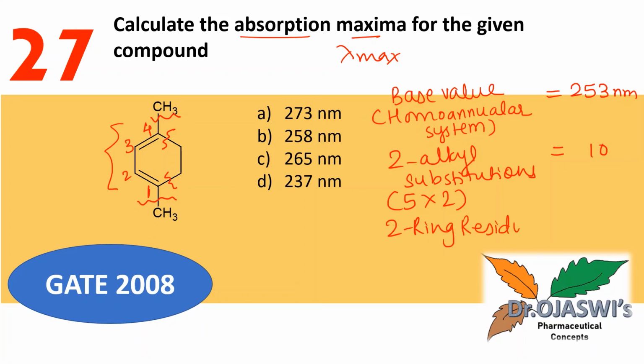Each ring residue increases the lambda max by 5 units. So again 10 units here. So let us add it. 273 is the lambda max of this particular compound. So answer A is correct.